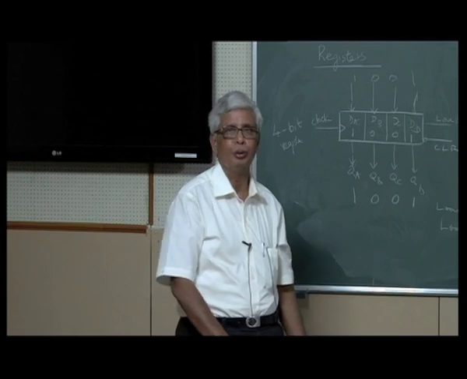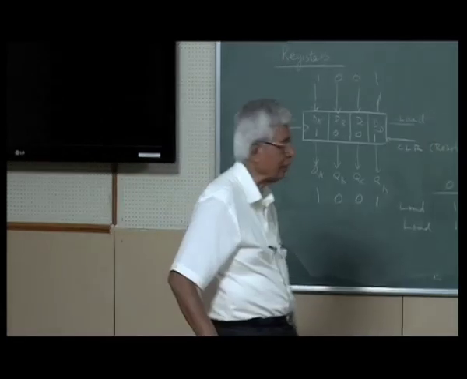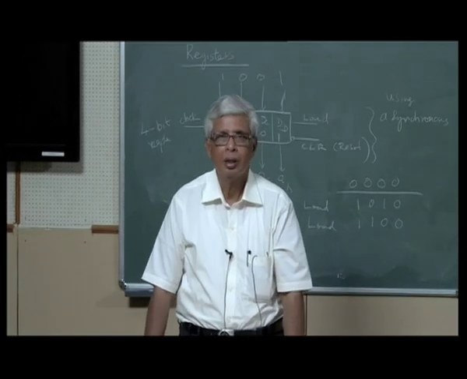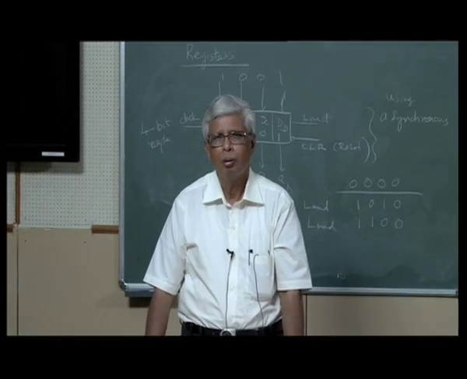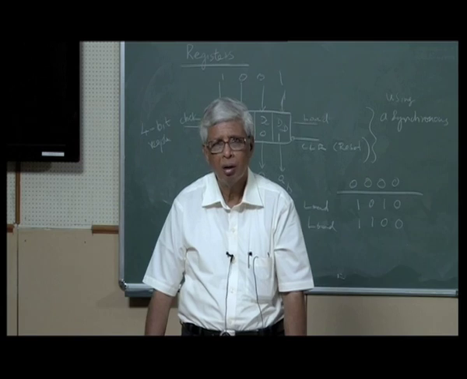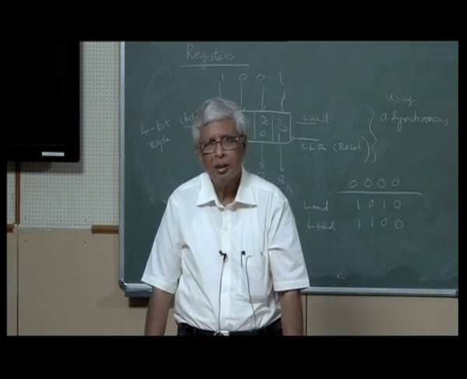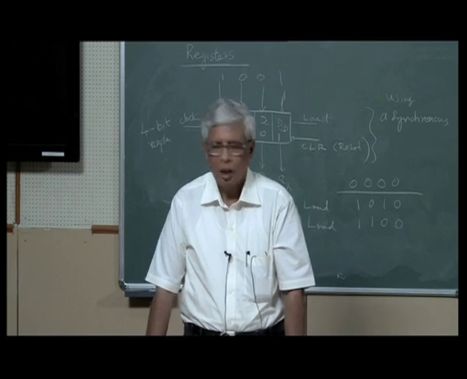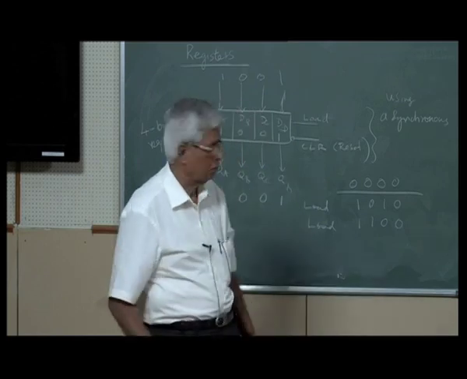I told you. Okay, wait. And I have another question. Register is based on clock and load. Clock is changing continuously. When the clock changes, the input may change accidentally. That will make a problem.